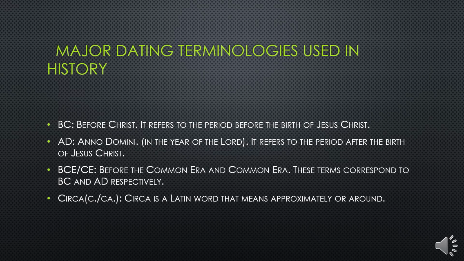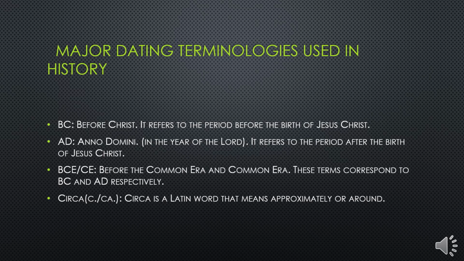And we have Circa, or c. and ca. That is, Circa is a Latin word that means approximately or around. Here we are not specifically giving you the exact date, but we talk about around that date, maybe around 400 BC, around 500 BC.